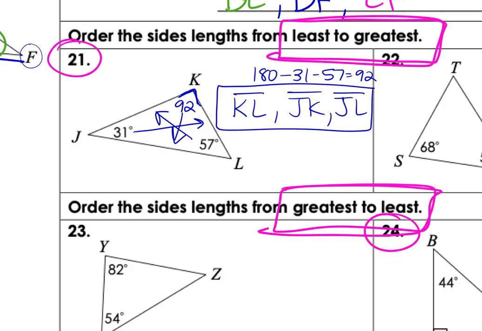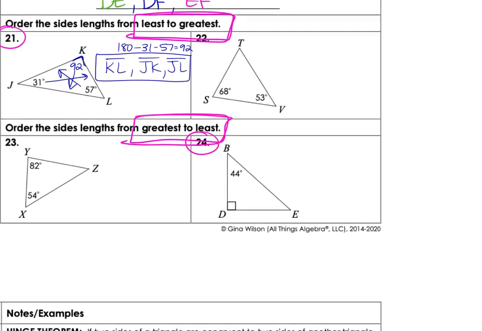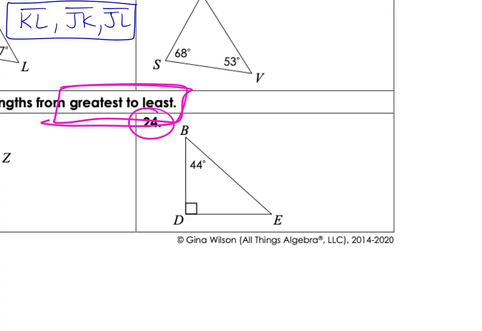Okay, questions on that? Okay, what'd you get for this one? What was your biggest side? BE is the biggest. What's the measure of that angle? 46. So once you know that's 46, remember the little box means 90, okay?